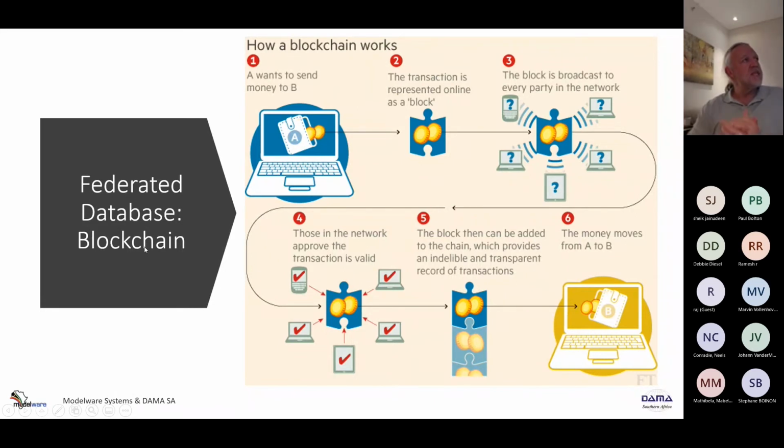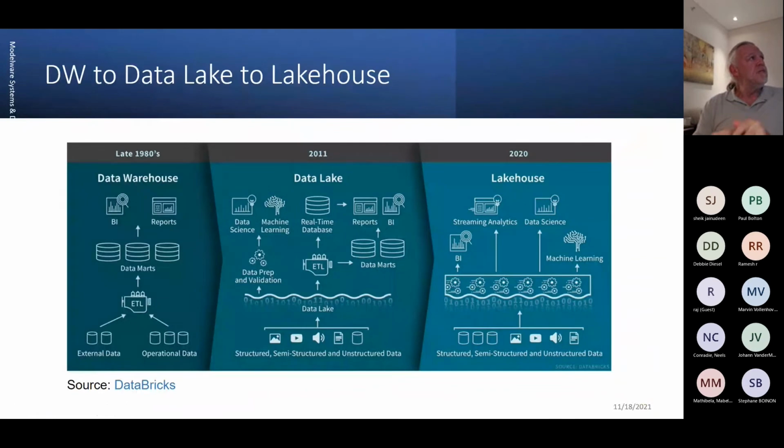And then we've had this progression, moving from a data warehouse to a data lake to a data lakehouse. So this was the 1980s where we had the data warehouse. Within 2011, we started to introduce the data lake, where we could have any level of any type of data. And this is sort of where we started seeing big data, structured, unstructured, and semi-structured data we put into the lake.